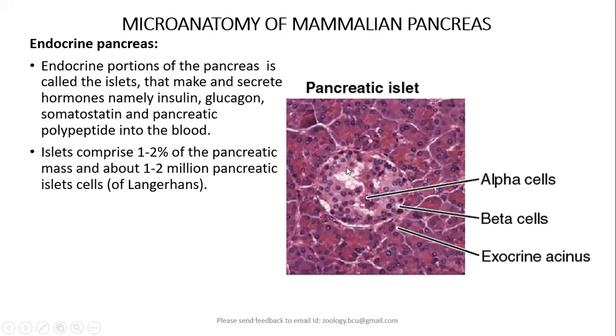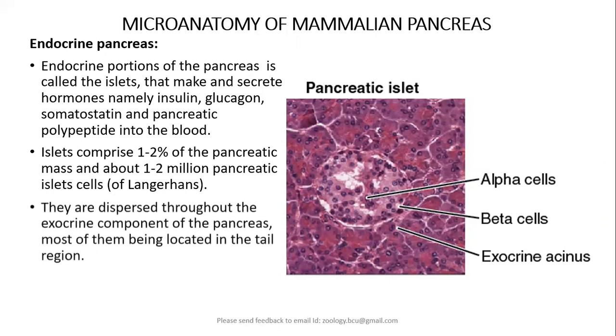They form only about 1 to 2 million pancreatic islets of Langerhans. These islets are highly dispersed, meaning they are not regularly arranged, but their number is usually greater in the tail region of the pancreas. They are found dispersed throughout the exocrine components of the pancreas.